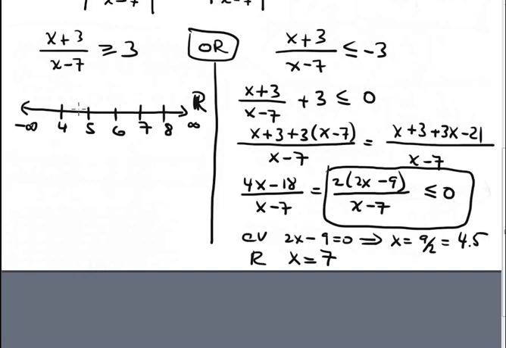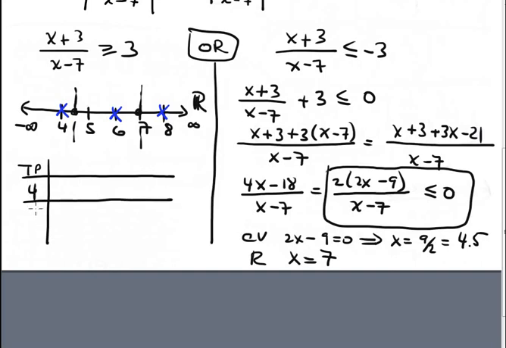This is 4.5 here, 7 is here, and the testing points are maybe 4, maybe 6, and maybe 8. The chart is TP 4, 6, and 8.